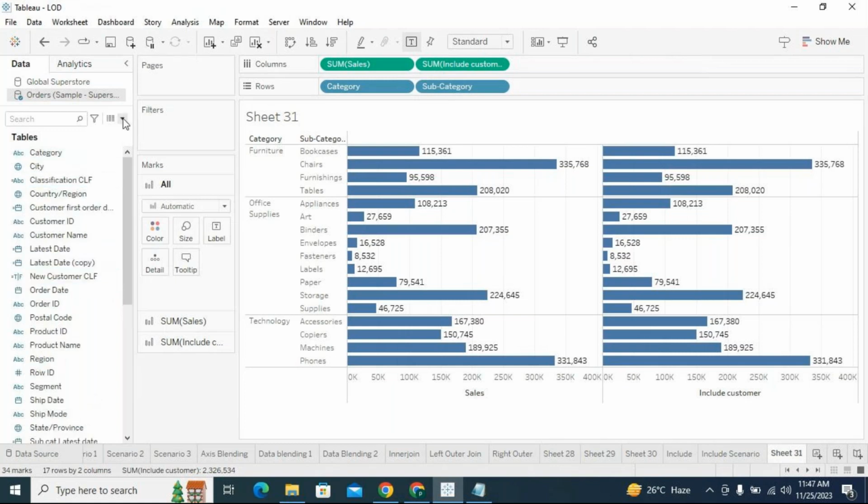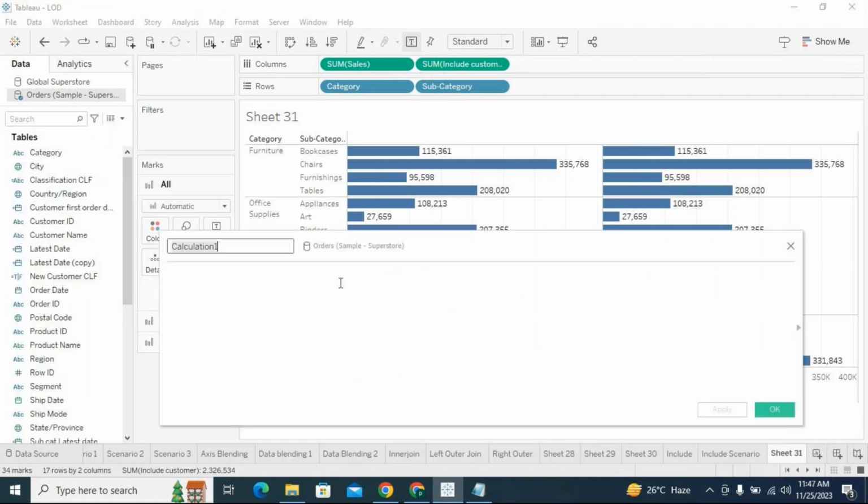Now I'm writing a calculated field, exclude LOD.